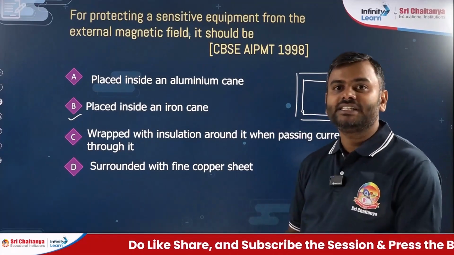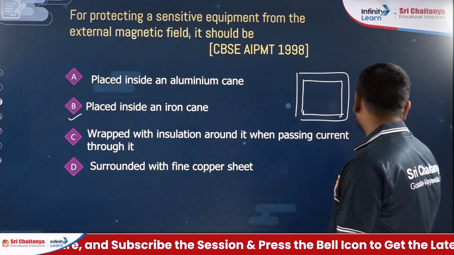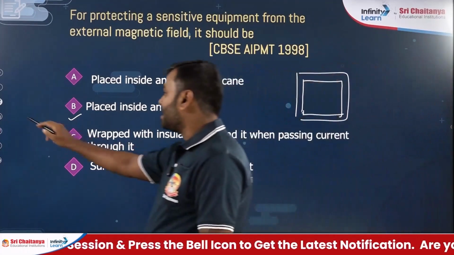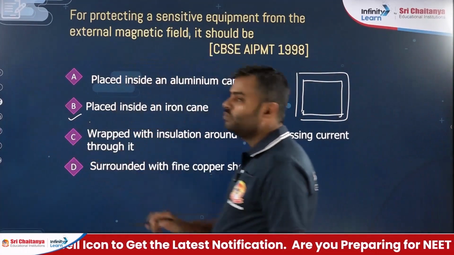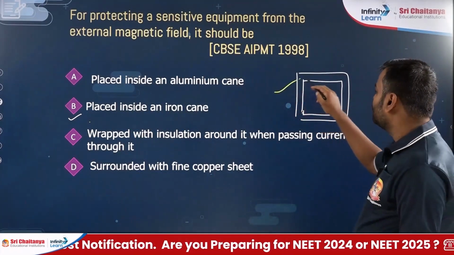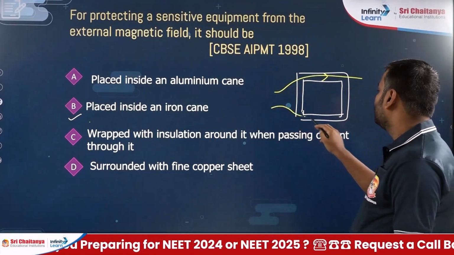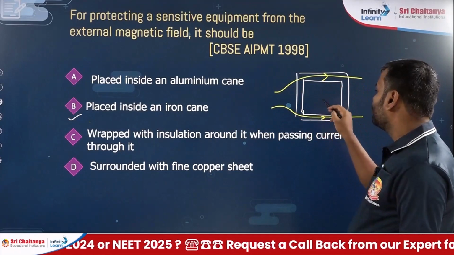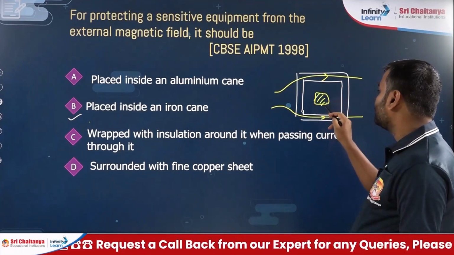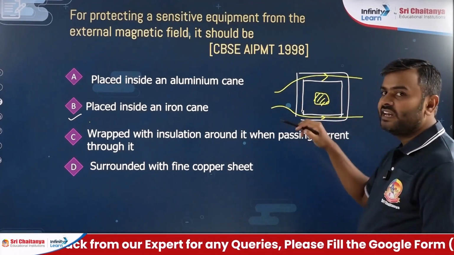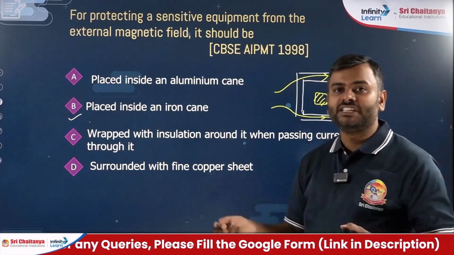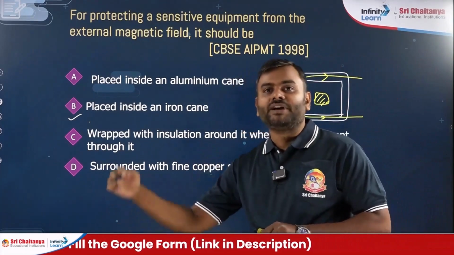So whenever we have an external field, all those external fields are going to pass through the ferromagnetic material. So if we keep any sensitive substance inside this, it will remain unaffected because the maximum field is going to pass through the material itself.